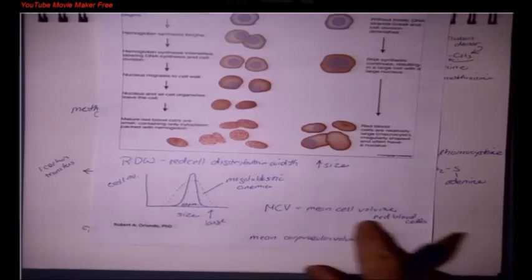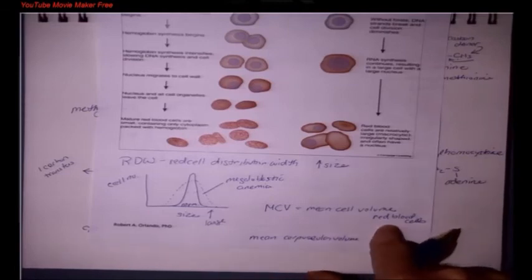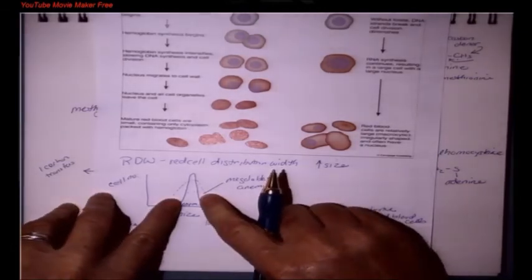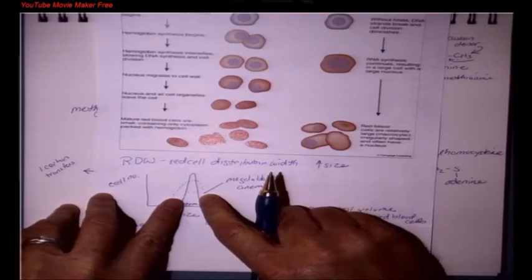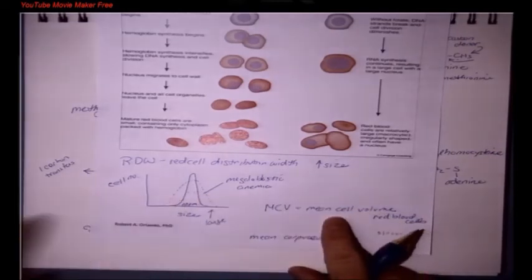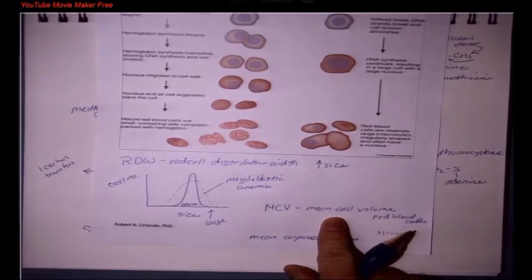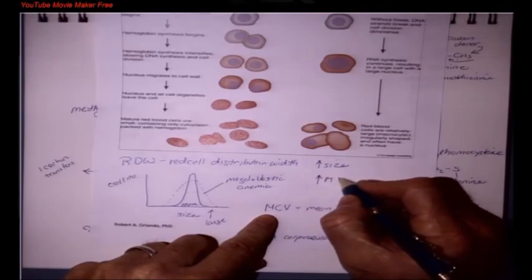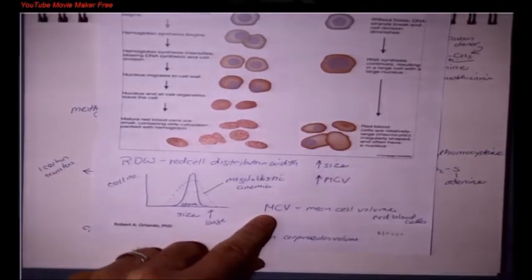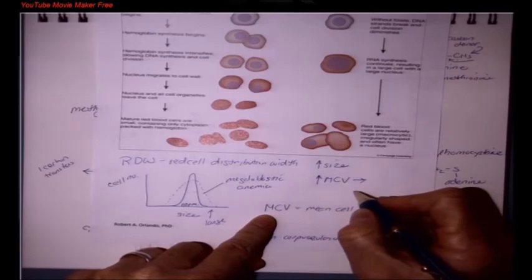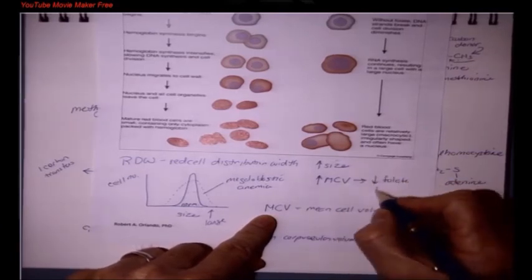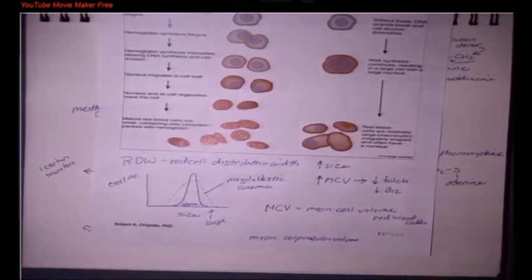So what you're measuring here is the actual volume in microliters of the cytoplasm of the red blood cell. So based on this red cell distribution width, with uniform red blood cells, you would say that the mean cell volume is going to have a very narrow reference range, and it does. So if your mean cell volume increases, that is an indicator of enlarged red blood cells, which most likely means decreased folate and/or decreased vitamin B12.